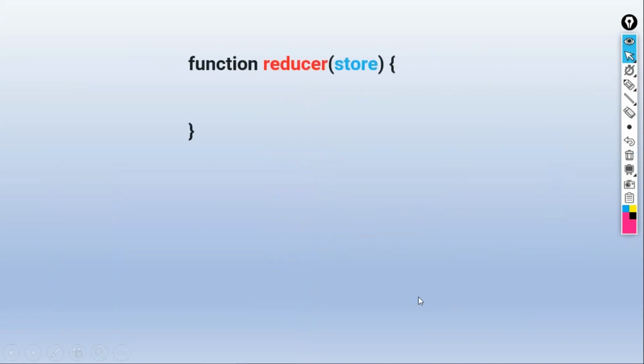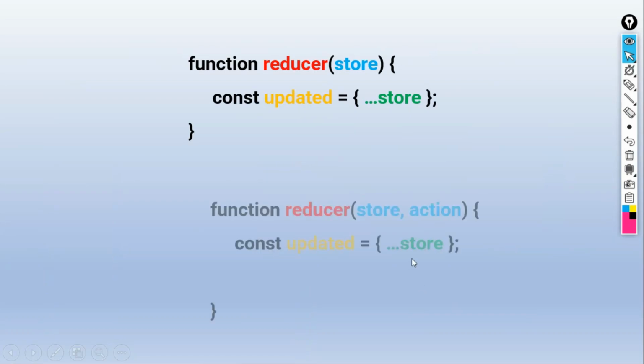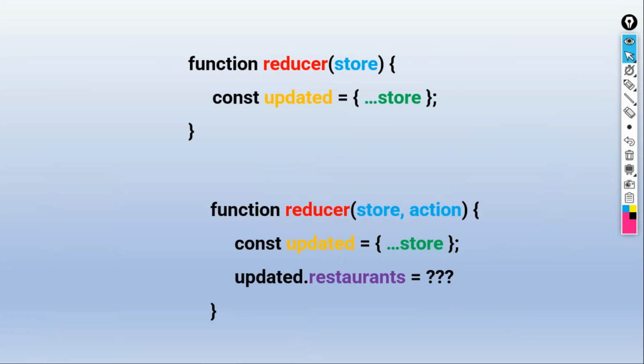And it can be updated: we will have a reducer function which will help to update the store, and we will have the store and action both. Action will help us to update the data, like updated restaurants, food items, all those things. So we have only the reducer over here which is helping us to update the data.